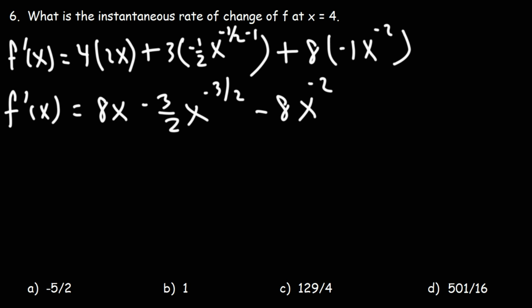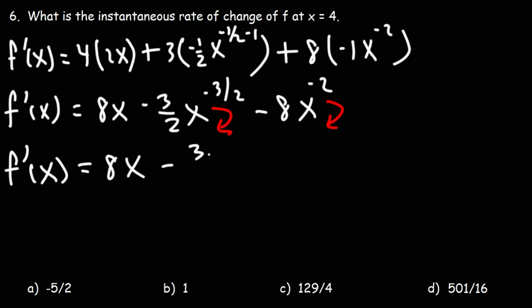Now, our next step is to move the x variables back to the bottom. So we could change the negative exponents back into positive exponents. So we're going to have 3 over 2x to the positive 3/2 minus 8 over x squared.